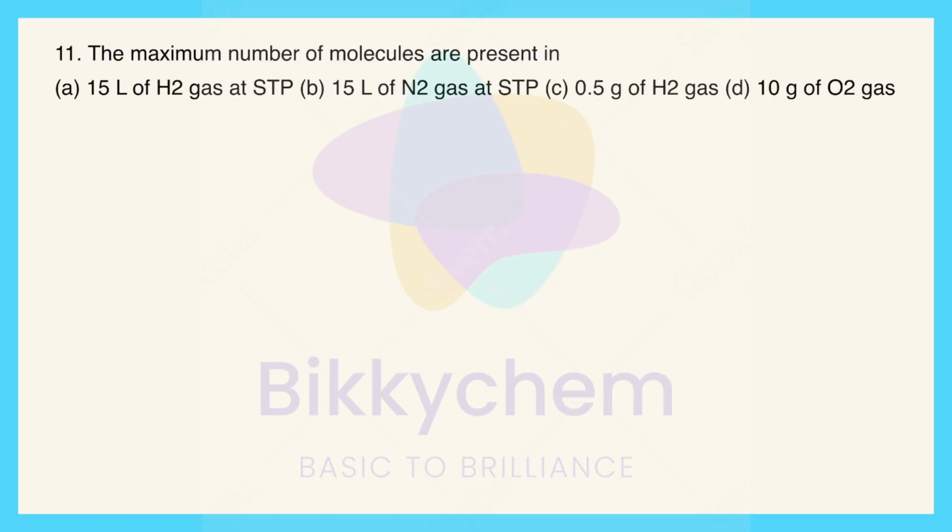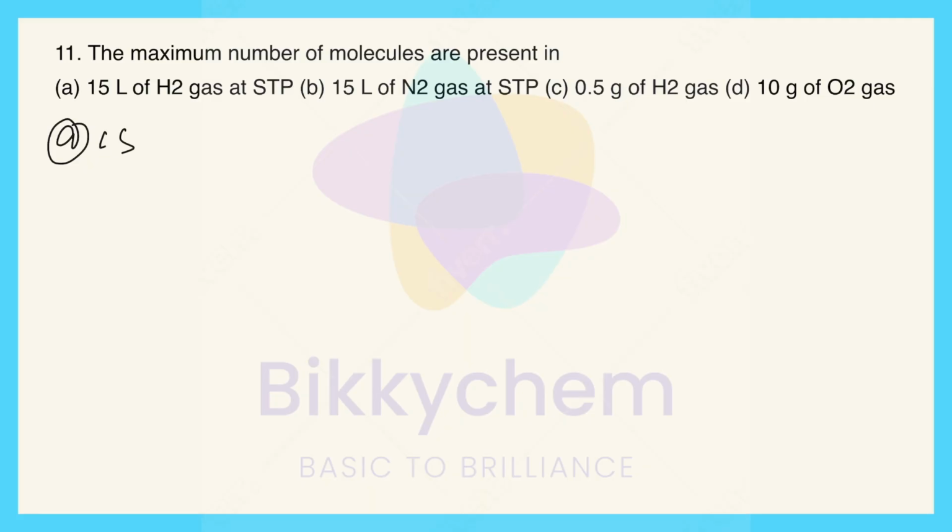Okay, here we have another question. This type of questions we have already done also, but let's see which one will have the highest number of molecules. In terms of molecules, 6.022 into 10 to the power 23 molecules can be considered as an Avogadro number.